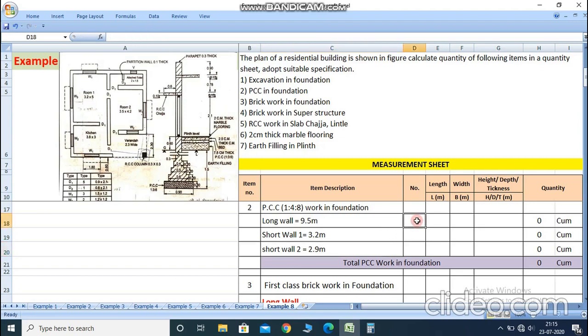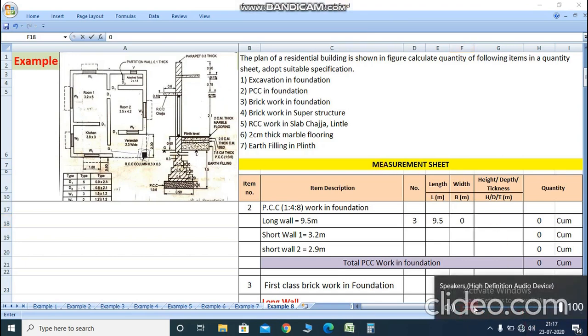So here the number of the long wall is 3. See my cursor point: 1, 2 and 3. So these 3 are the number of the walls. Length is 9.5.